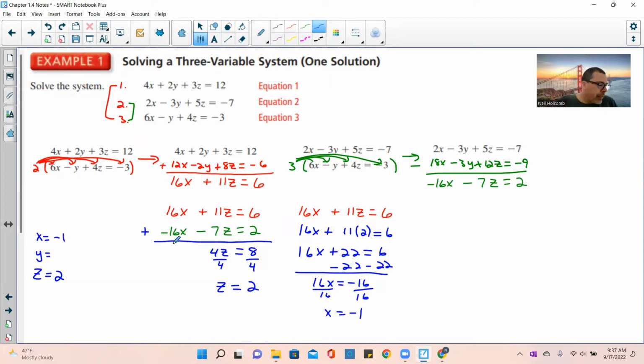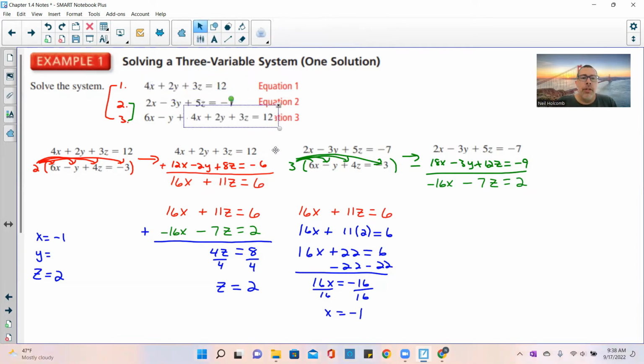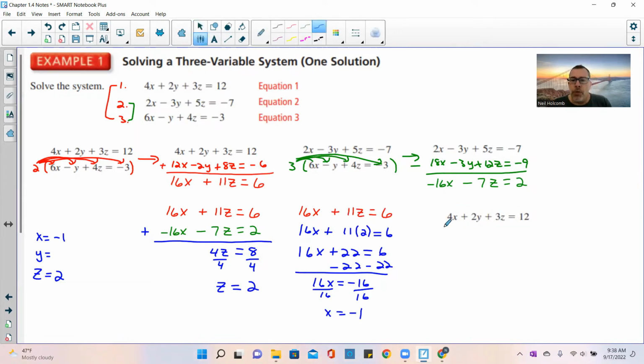Now what I can do is I can take one of the original equations, substitute in the z and the x, and find y. So let me use this equation again. So I'll take my original 4x plus 2y plus 3z equals 12, and I'll substitute in. So I'm going to take 4, my x is negative 1, plus 2y, plus 3, and my z is 2.